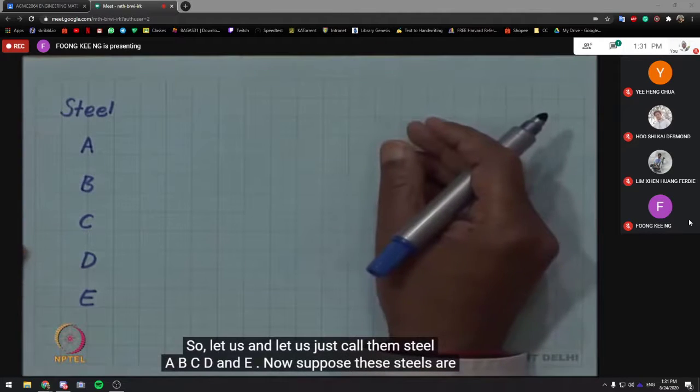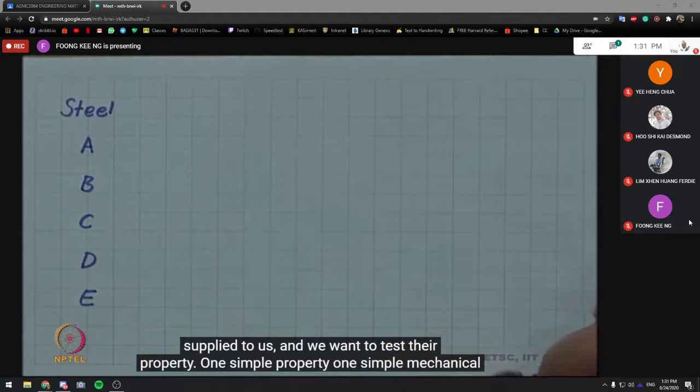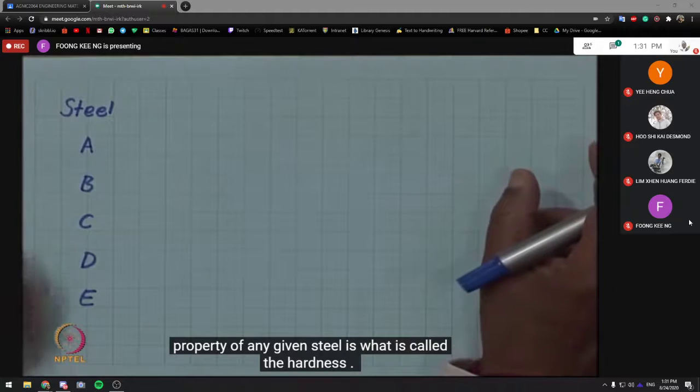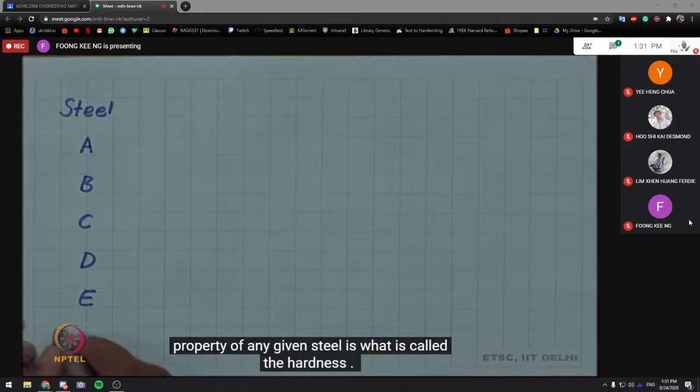Now, suppose these steels are supplied to us and we want to test their property. One simple mechanical property of any given steel is what is called the hardness.